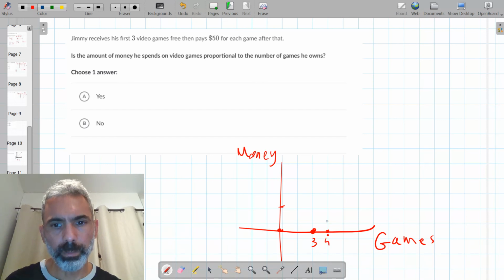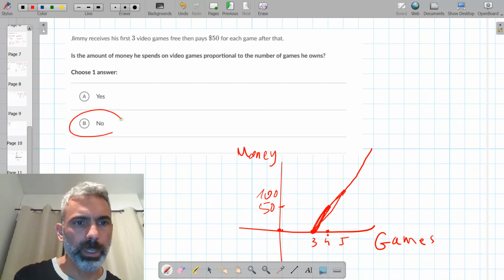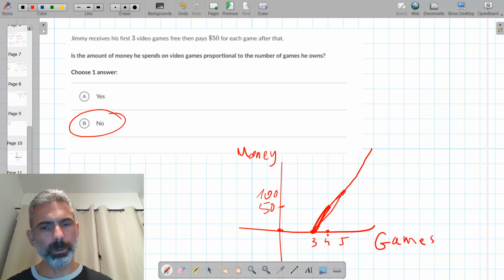The fourth game will be 50, so this will be the graph. It will be linear, but from here. The fifth game will be 100. So from here we will have a straight line, but it will not go through the origin. So it means it's not proportional.